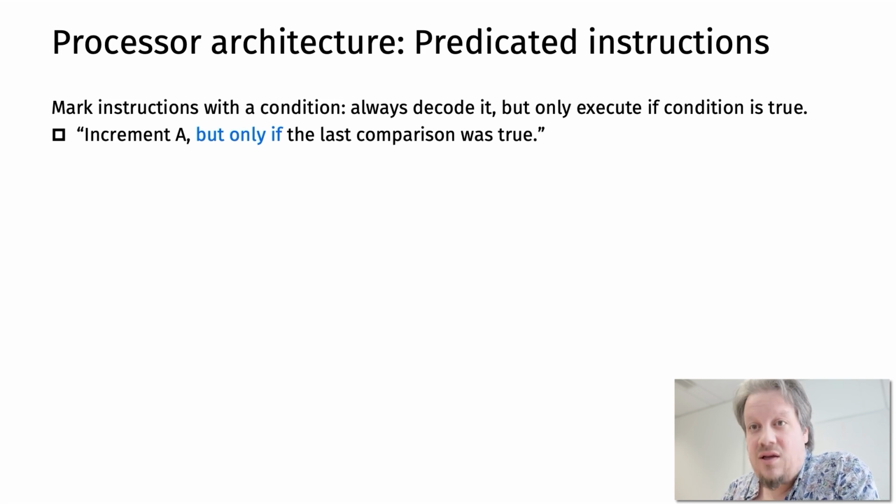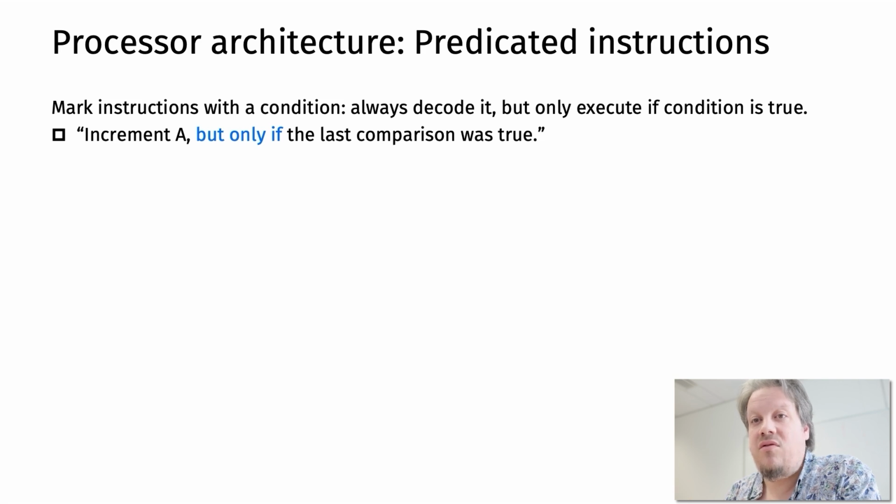But then in the end, maybe the actual execution, or maybe even just a write back, you only do if the condition was true. So that is a kind of instruction that says increment register A, but only if the last comparison was true. And the crucial thing here is that this does not bother the pipeline.